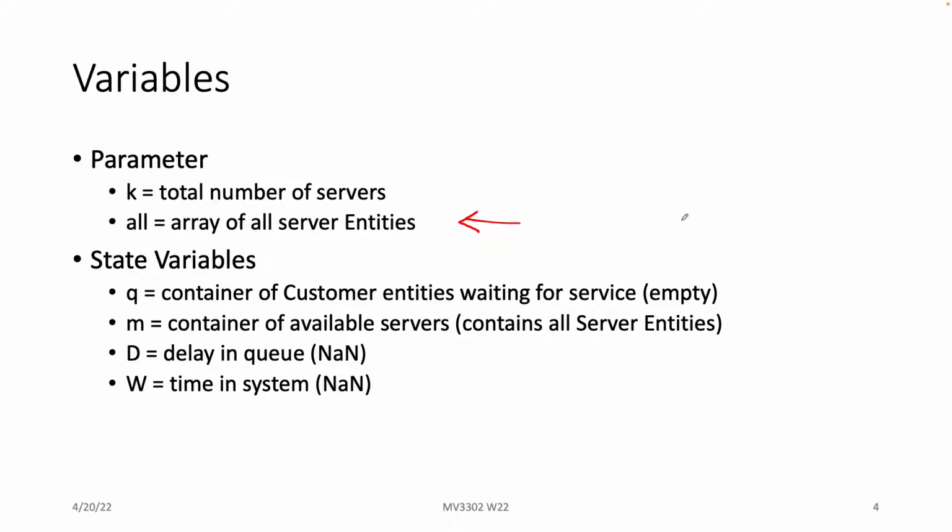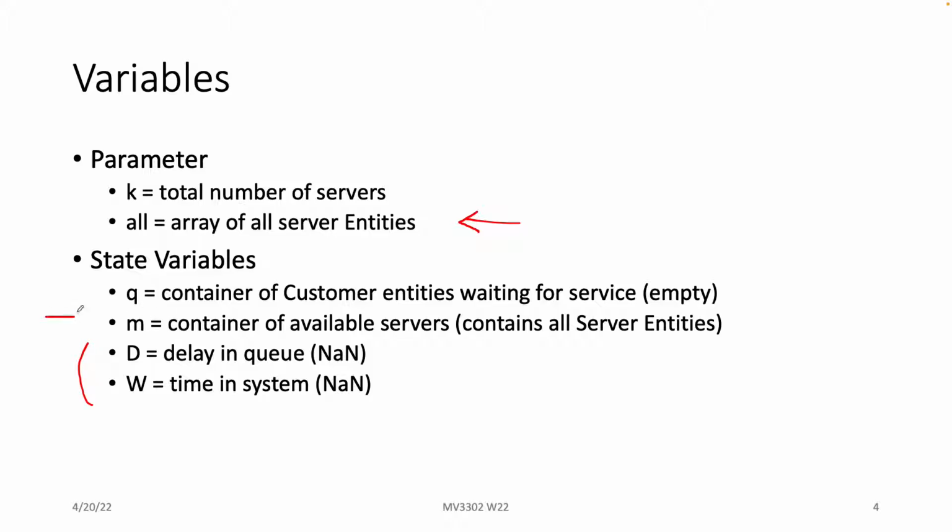So basically, we have an array of entities that are going to be our servers. In this model we're actually not going to use K. Okay, so our state variables now: we have our delays in queue and time in system, because those are the things that we're after.